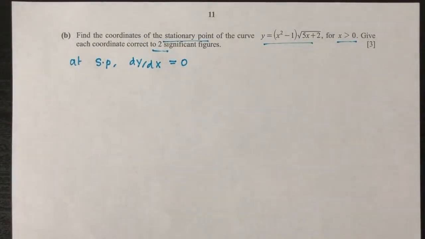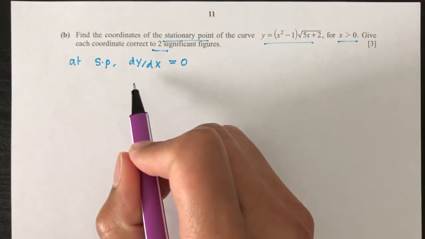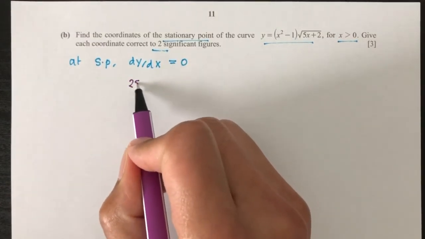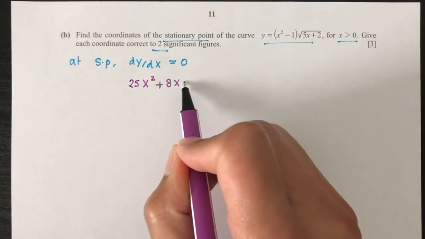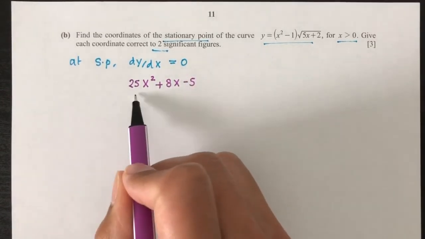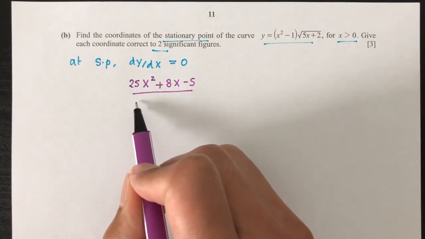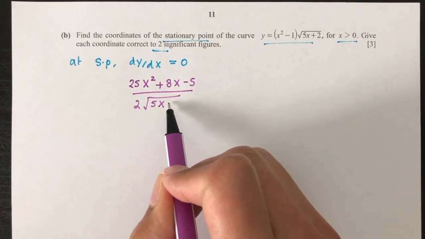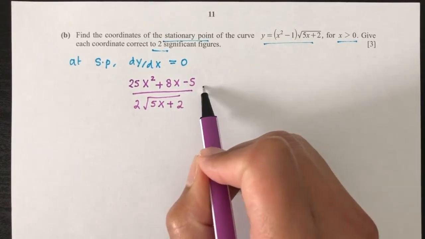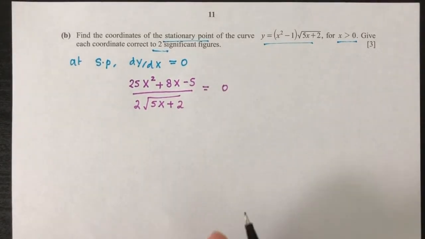We found this in part A already. As you know, dy by dx is equal to 25x squared plus 8x minus 5 divided by 2 times root of 5x plus 2, equal to 0. So let's solve for the value of x.